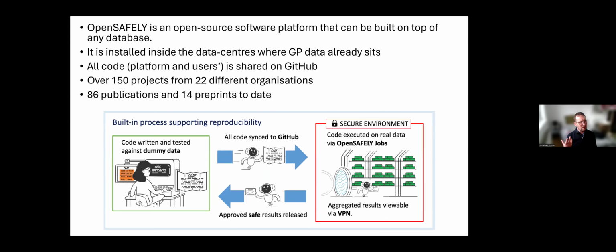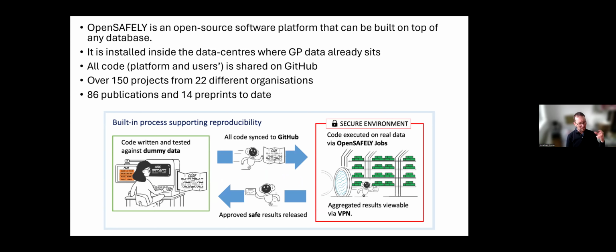So OpenSAFELY implements built-in processes supporting reproducibility of analyses. Code is written and tested against synthetic or dummy data. So you specify your analysis, which anyone can register in OpenSAFELY and write code and specify an analysis and run it against synthetic data.